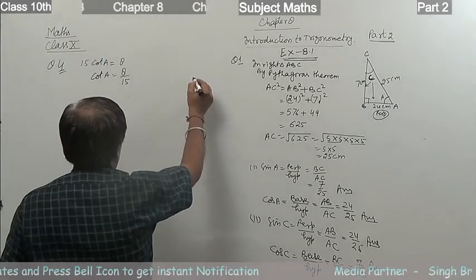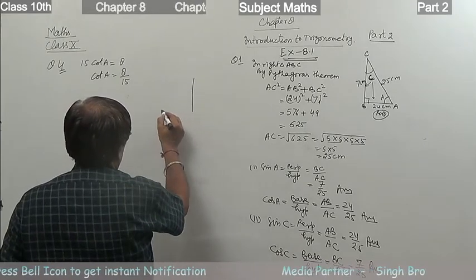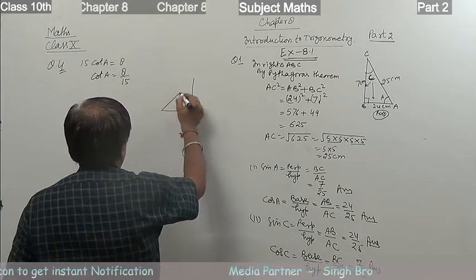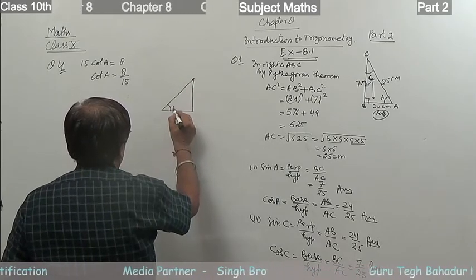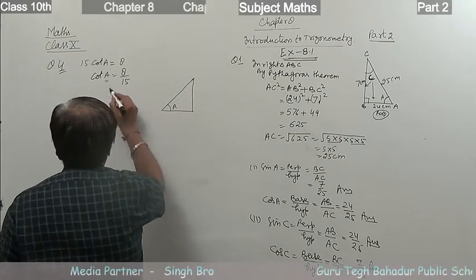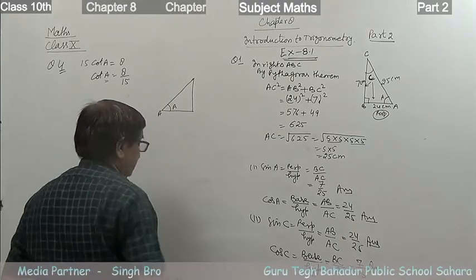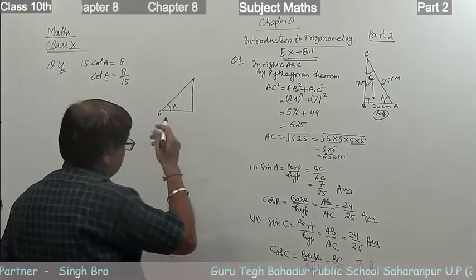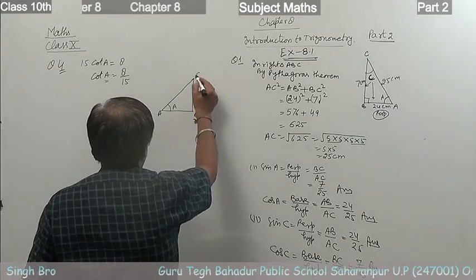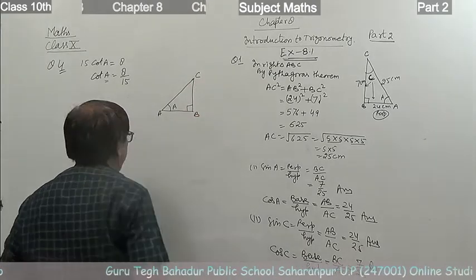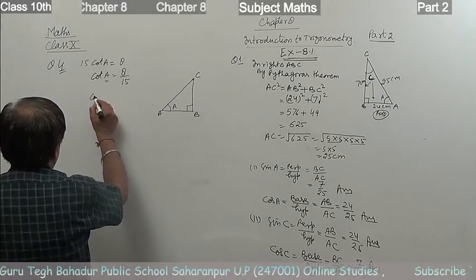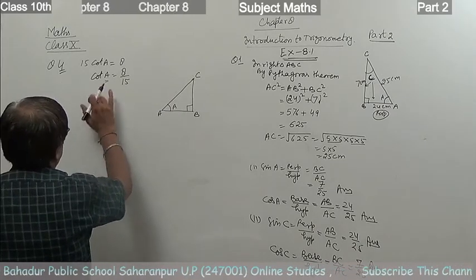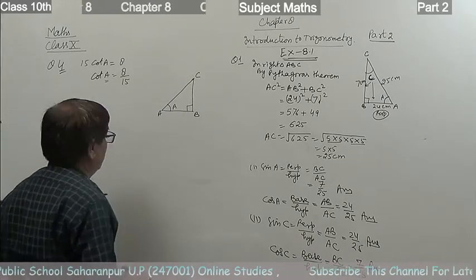So make it a right angle triangle. This is the angle A. Because given angle is A, you will take this angle as A. Now take this B and C. Cot is base upon perpendicular.